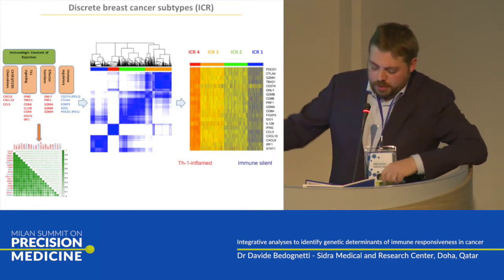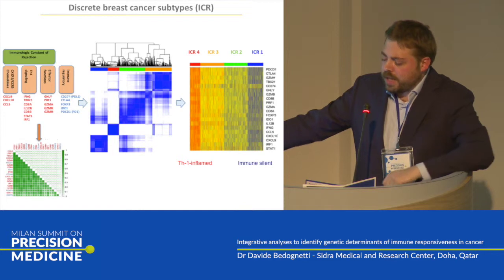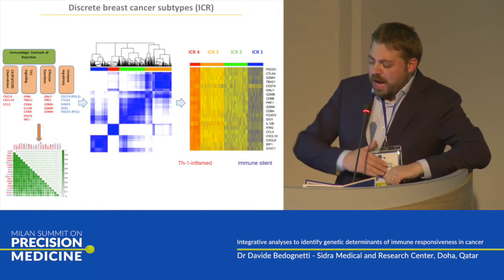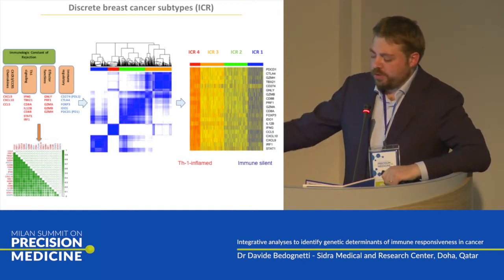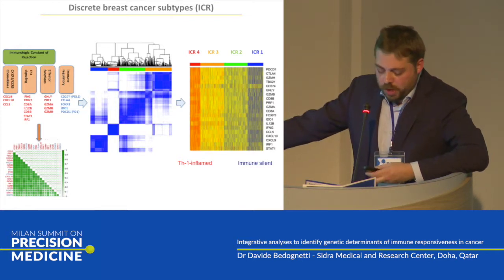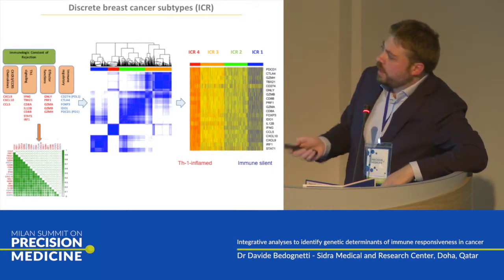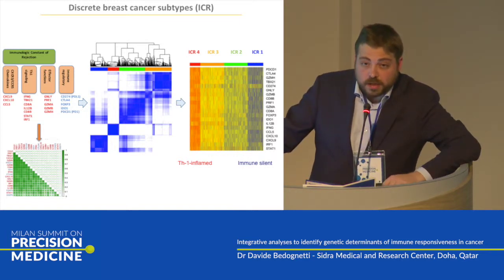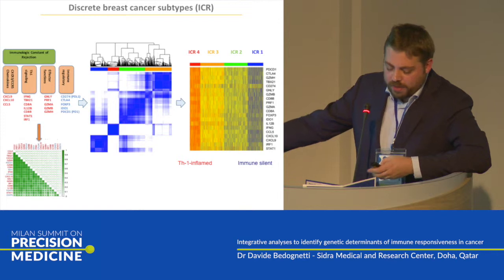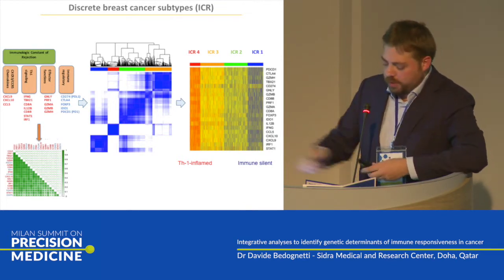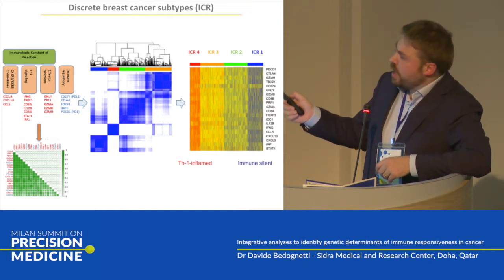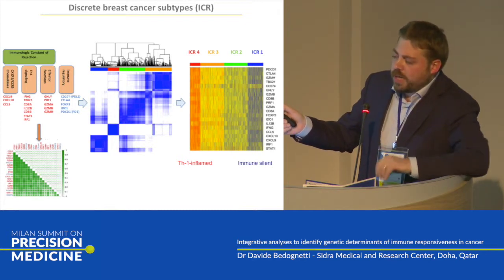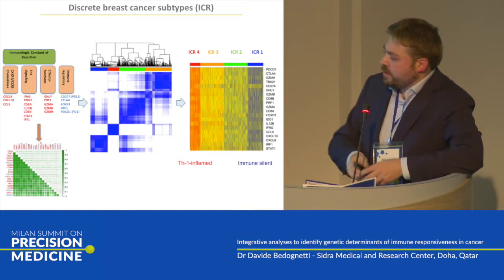We used consensus cluster analysis to query the data set to understand what is the best, most robust separation we could obtain based on 1,000 permutations, and the result was that this data set can be divided into 4 well-defined and discrete groups that we call ICR4, ICR3, ICR2, and ICR1, in which the level of immune activation progressively decreased from ICR4 to ICR1.